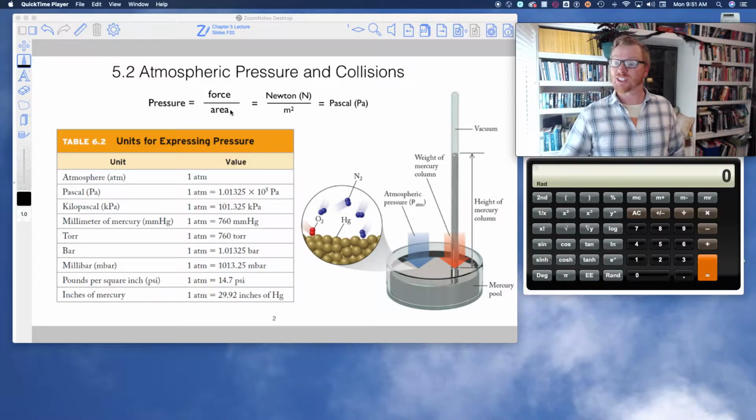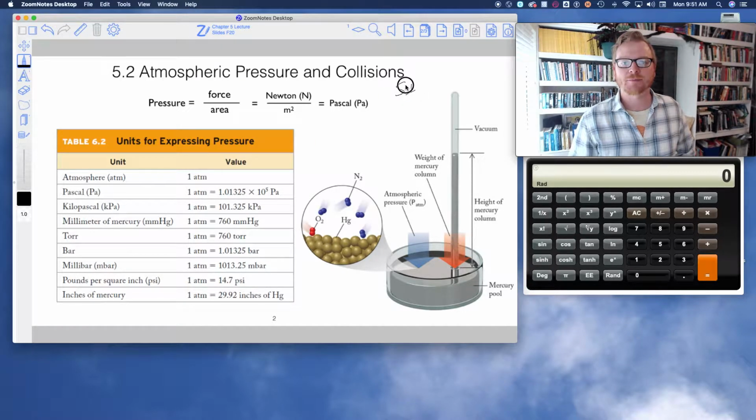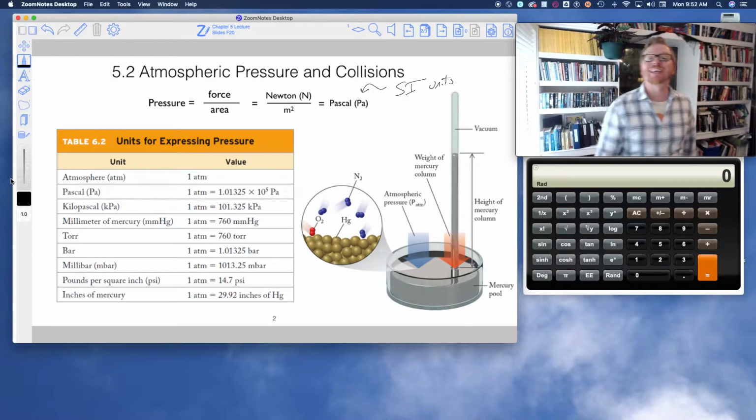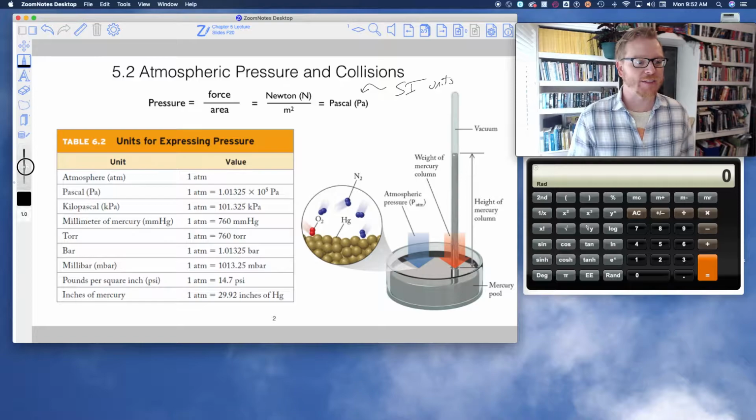So a force acting over an area. And the proper, what I'll call, our SI unit, the system international unit, is the Pascal. That's a named unit that's named after a person, Pascal. And by definition, a Pascal is 1 Newton per square meter.